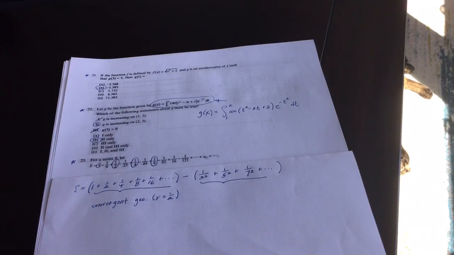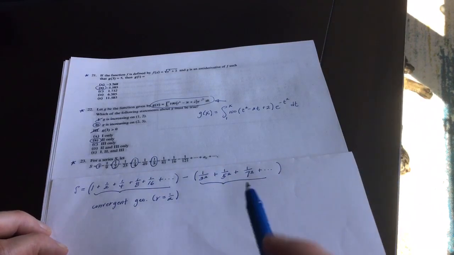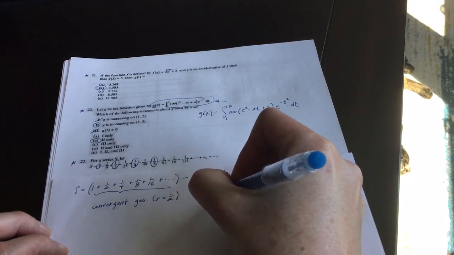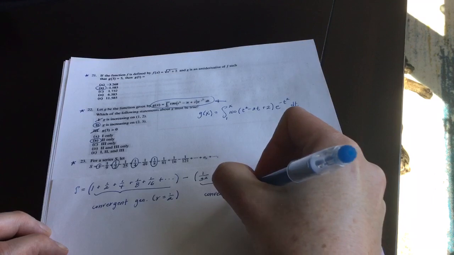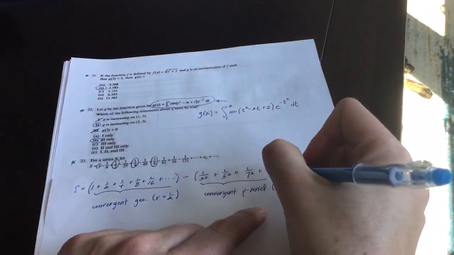And so this is a subset of a convergent p-series. So I'm just going to go ahead and say convergent p-series, even though it technically isn't. But that is the thinking that I'm using.